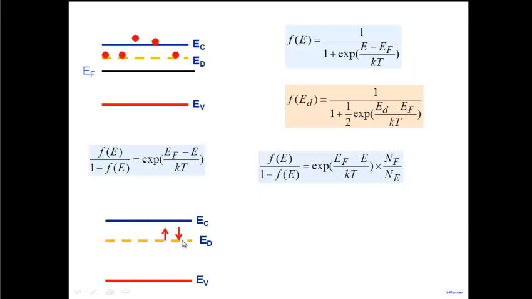Take this donor atom here. How many ways of filling a state are there in a donor atom? Note that this is an empty state. In how many ways can I fill it? I can fill it with a spin down, or I can fill it with a spin up. There are two distinct ways in which I can fill it. How many ways can I empty?